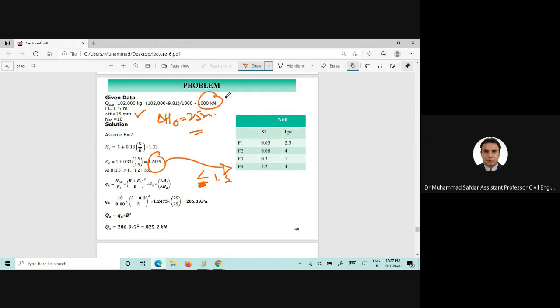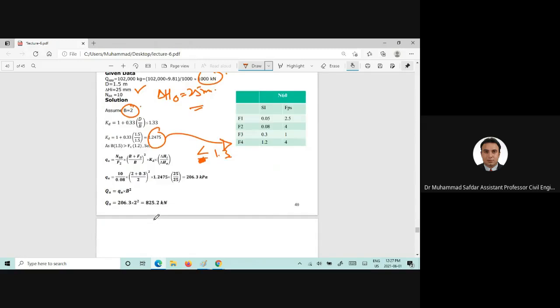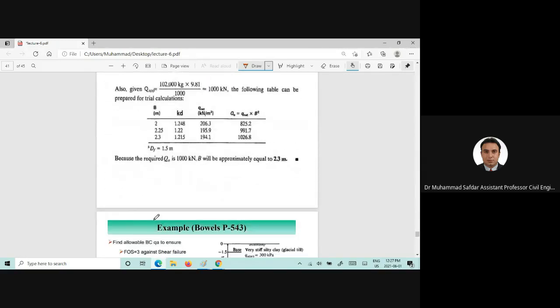So you can convert that kilograms into kilonewtons. You can assume a B value and come up with the allowable load as well, and you can come up with the B value to take 1000 kilonewton. So you can assume different values of B, and then you can see how much load is applied.